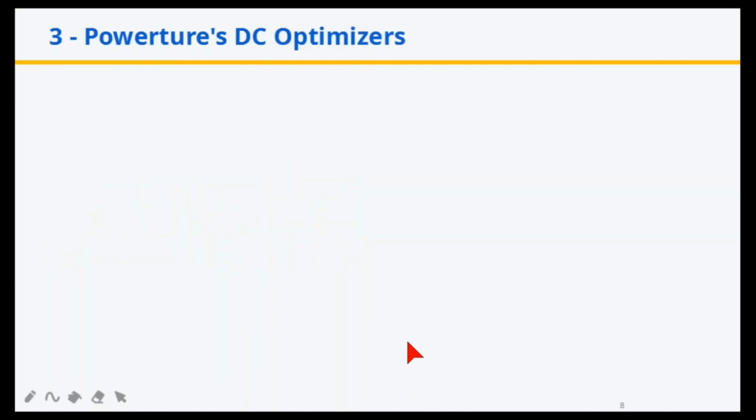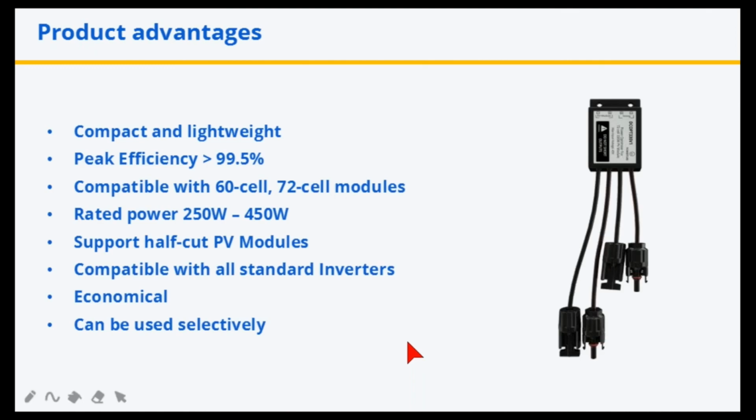Let us now take a closer look at Powerture's DC optimizers. Powerture's DCOs are extremely compact, lightweight devices that work at a peak efficiency of 99.5%. They are compatible with all 60 cell and 72 cell PV modules of 250 watts up to 450 watts.